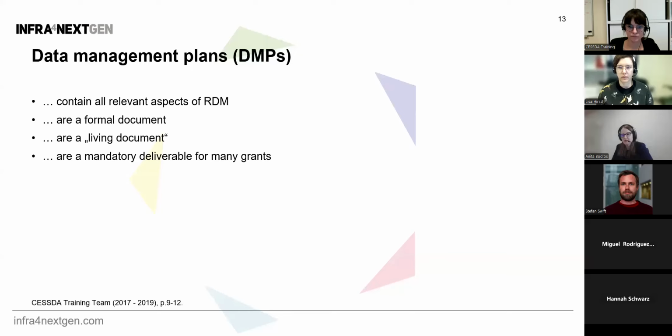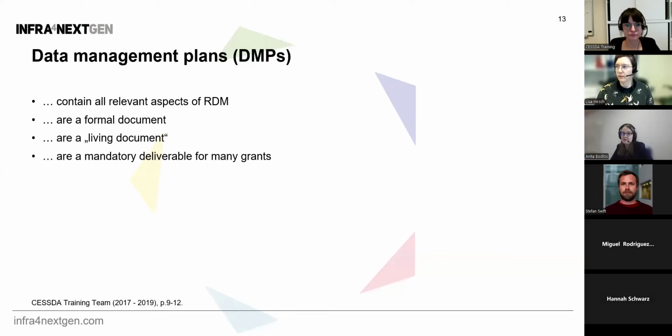Also, the funders sometimes ask for updates in the data management plans, either in the middle of the project or at the end of the project, when the data is actually published and information can be added on where the data is published, and the DOIs can be added to the data management plan.